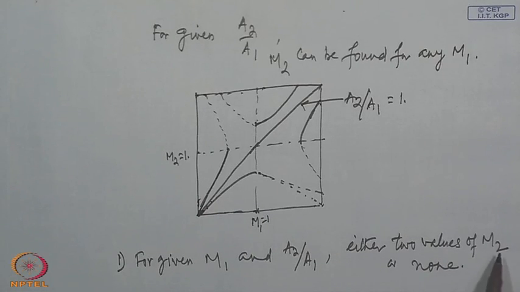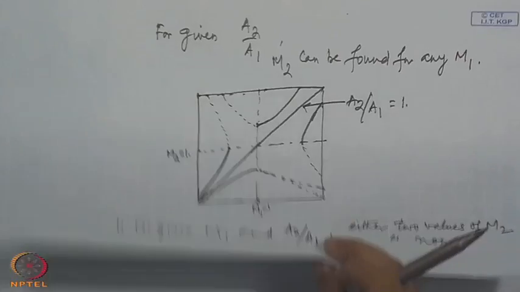Whenever there are two values of M 2, we can see that one is subsonic, the other is supersonic.